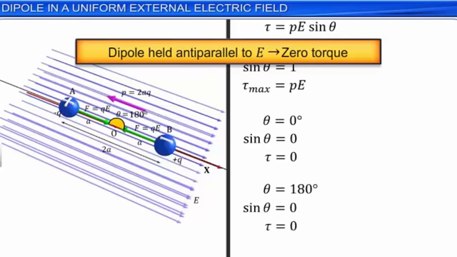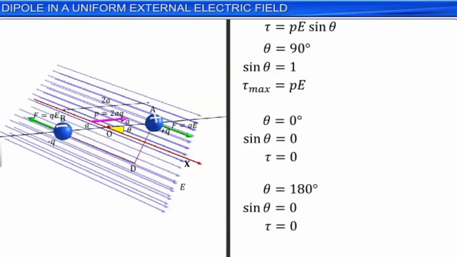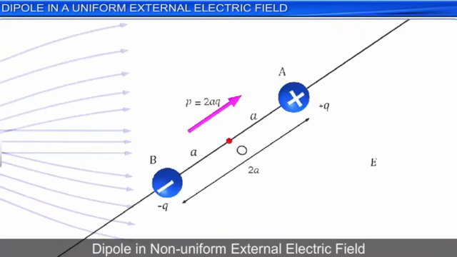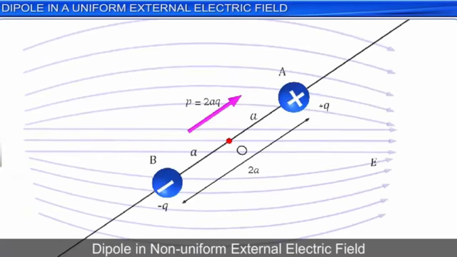From this discussion, we see that the expression tau is equal to pE sin theta will be valid only when the dipole is in a uniform external electric field. But when it is placed in a non-uniform external electric field, then the charges plus Q and minus Q of the dipole do not experience equal and opposite forces.